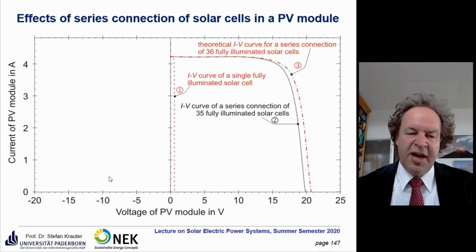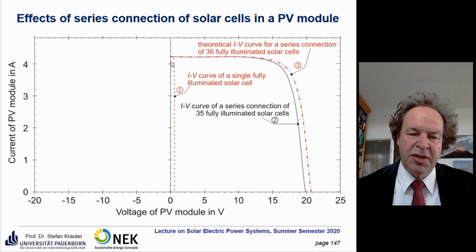Here we see the effect of the interconnection of solar cells. So this is compared to the other IV curve, which was at 1 volt at maximum. Here we have 5 volt as maximum. So here the IV curve, especially the voltage of a single cell, is very small.